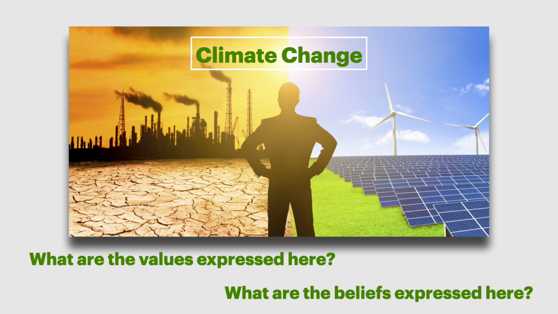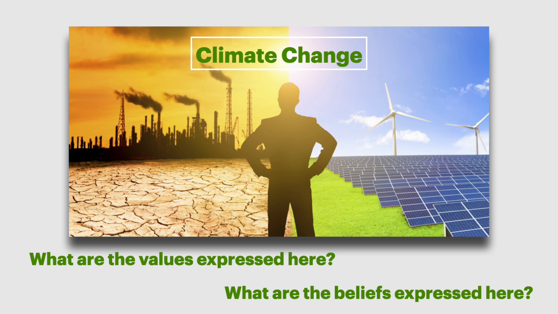And again, if we think about the beliefs that are expressed in each image, the belief on the left-hand side might be more of an economic belief system that we need to do whatever we can to continue to generate profits.